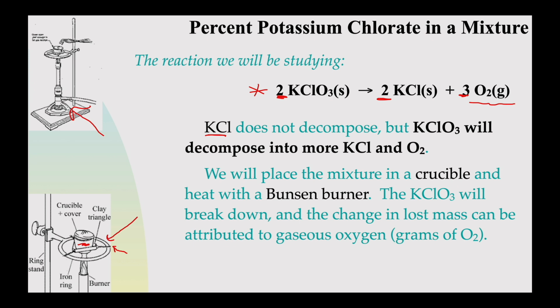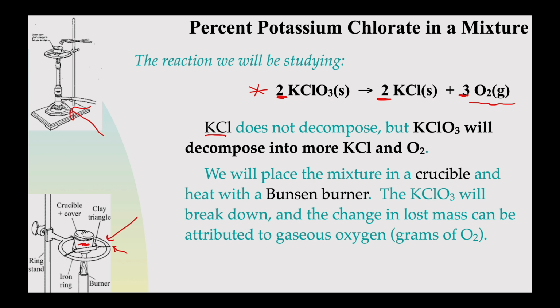A crucible would hold our sample, and the heat, when it's applied to potassium chlorate, makes it break down into potassium chloride and oxygen gas. As the oxygen gas is released, a lot of the mass is going to go away. Oxygen, like all gases, goes into the atmosphere. And this only happens when you add a lot of heat to it.